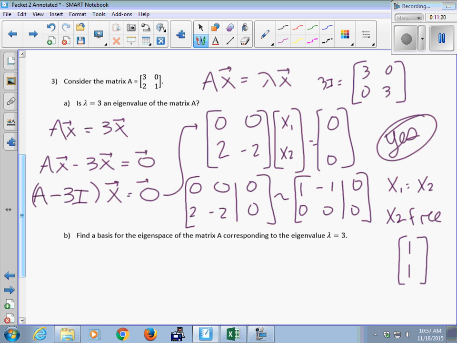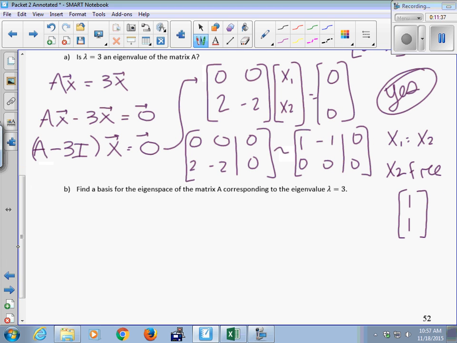And so that makes it a subspace. That makes it a vector space. And we call it the eigenspace. So if I wanted to describe all the vectors that have this solution, what do they all look like? Somebody already told me. Yes, so my eigenspace for lambda equals 3.